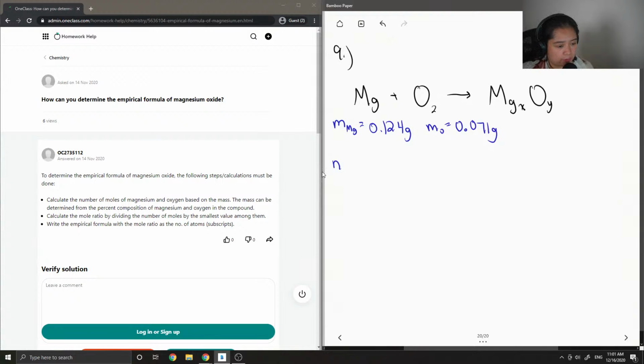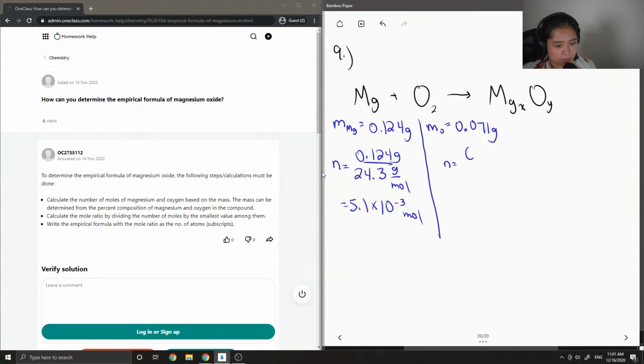First, we would find the number of moles of both of them. So we do that by dividing by their molar masses. So the molar mass of magnesium is 24.3 grams per mole. So this gives us a number of moles of around 5.1 times 10 to the negative 3 for magnesium.